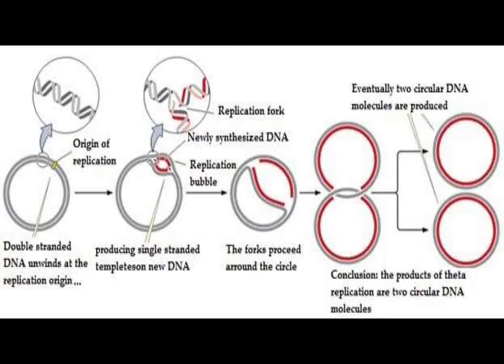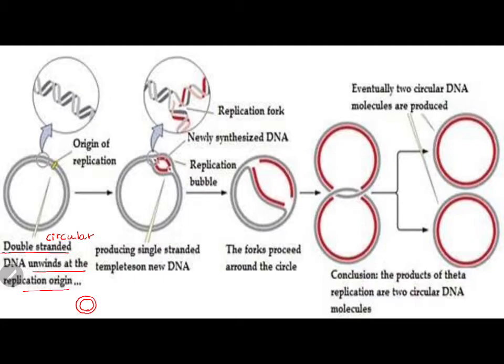You can see here double stranded DNA unwinds at the replication origin. Like how we have linear double stranded DNA, the bacteria has circular double stranded DNA. So I am going to add something else here, circular double stranded DNA. You can see it there.